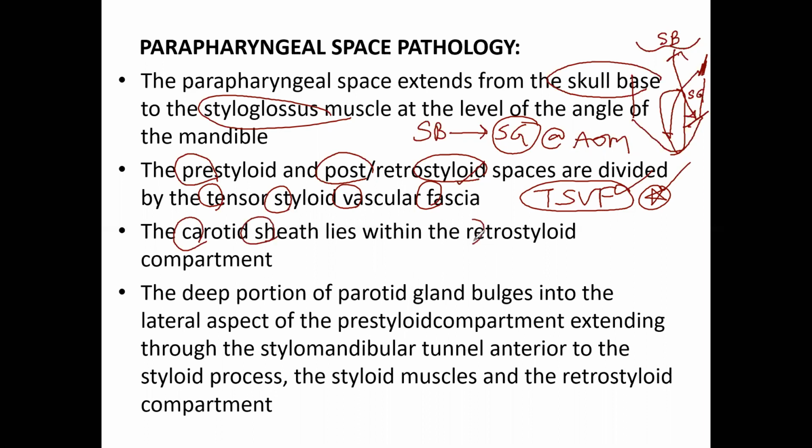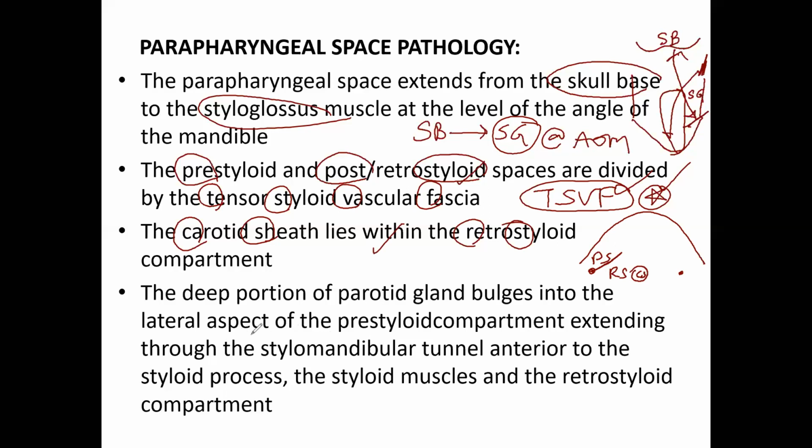So for example, this is the styloid process on either side, and this is the mandible. So tensor vascular styloid fascia is over there. Here will be the pre-styloid compartment. Here will be the retrostyloid compartment. The retrostyloid compartment has got the carotid sheath. You should keep it in mind.